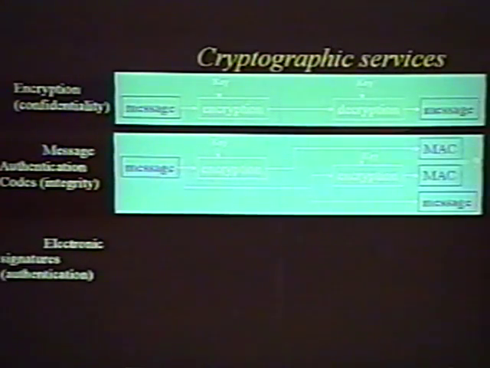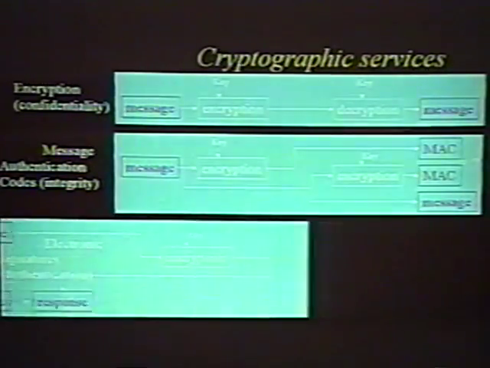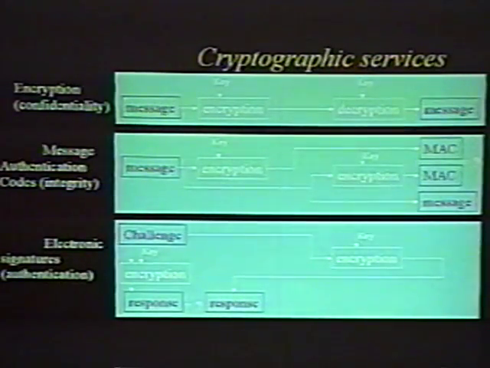Finally, electronic signatures for authentication. This is also known as a challenge response procedure. The sending party sends a challenge to the other party. The other party encrypts the challenge and sends the response back.